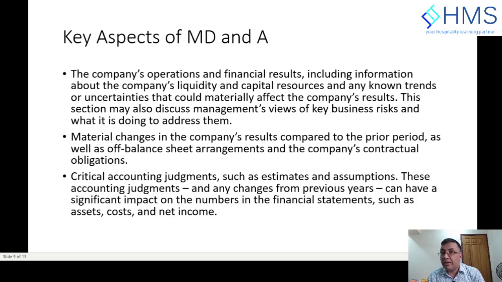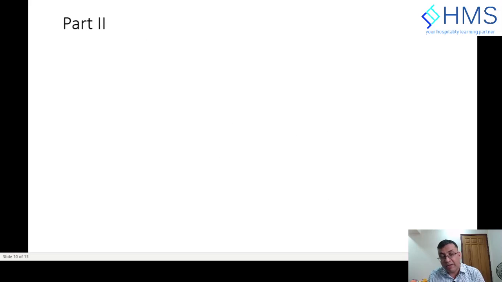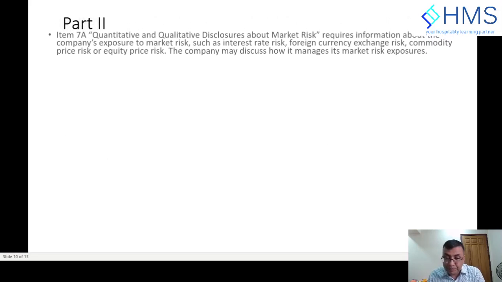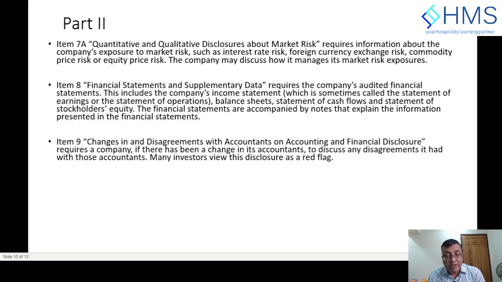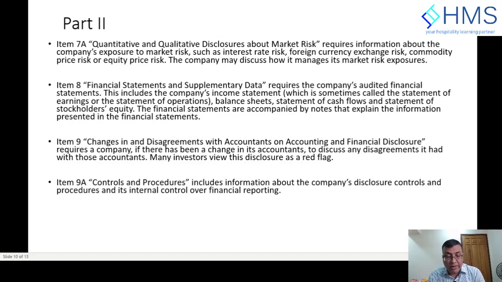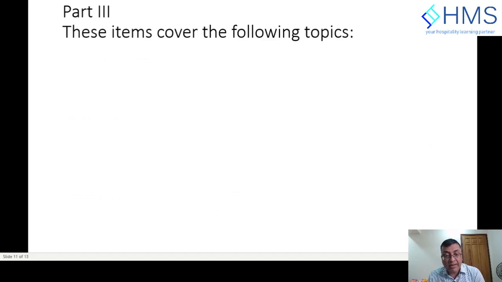These are the major judgments which can impact the company's financial statements quite significantly. So the management has to explain them. Then in Part 2, again, you will have some qualitative and quantitative disclosure about market risk, financial statements, and also changes with the accountants. So this is about Part 2, and then also some control procedures and other information.